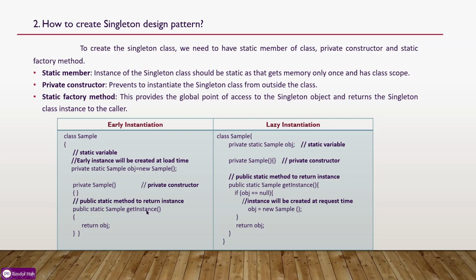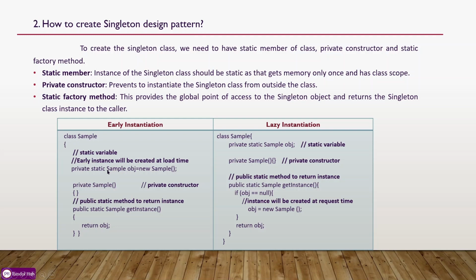So this is the method which is accessible to the outside classes which want to use this singleton class. And this is the same example here. So the difference between these two codes is that in the first one, I have done an early instantiation.